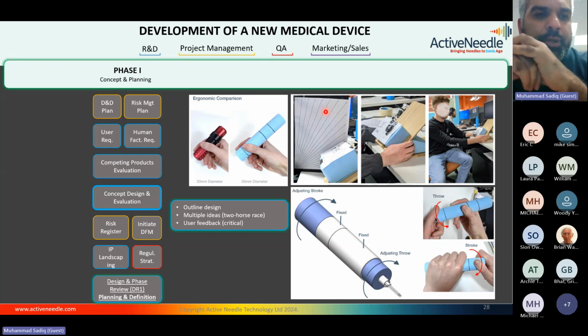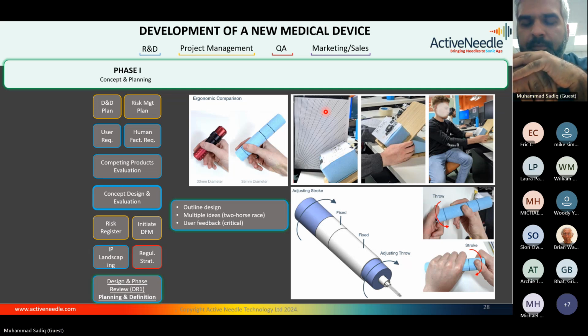Concept design and evaluation. That's where you start coming up with ideas of what the device profile looks like, the user interface, etc. One of the things I've learned with experience is that it's always good to come up with multiple ideas, co-develop ideas, and choose the one that works best.